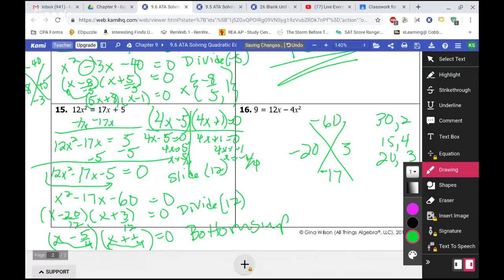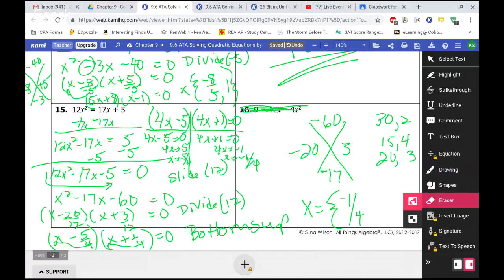That was really messy. The computer had a huge delay. So my solutions actually are negative 1/4. Oops. I'm sorry. I did something wrong. I apologize. I divided by 4, and that should be a 3 there.